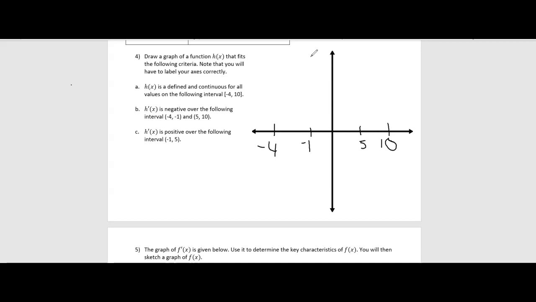So I'm going to put a point up here because it is defined at -4. And then the function needs to be decreasing to -1. It's got to be increasing from -1 to 5, and then decreasing again from 5 to 10.